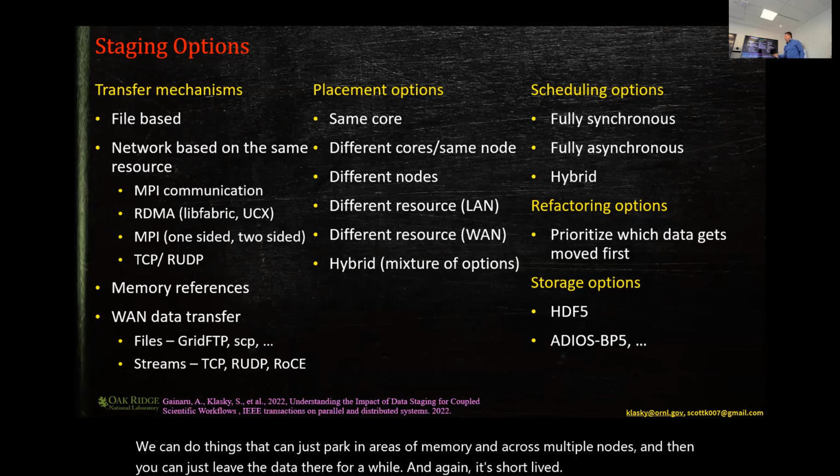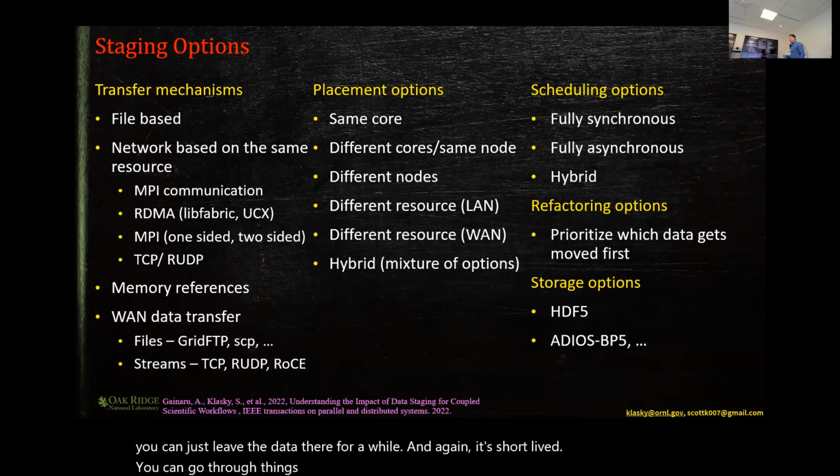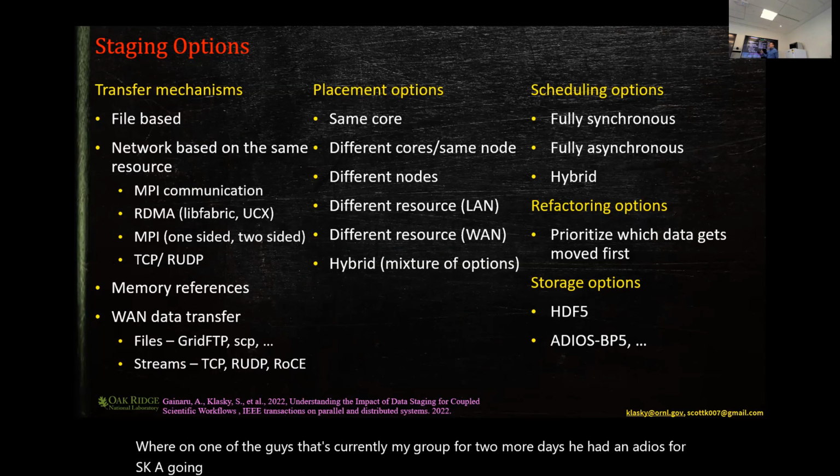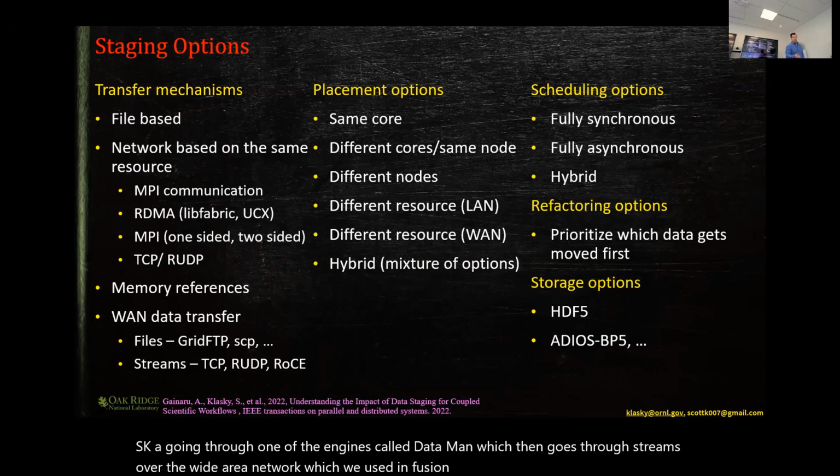You can go through MPI communication, RDMA, MPI, and TCP. So there are transfer mechanisms. One of the guys currently in my group for 2 more days had an ADIOS for SKA going through one of the engines called DataMan, which goes through streams over the wide area network, which we used in Fusion from Korea to the US.